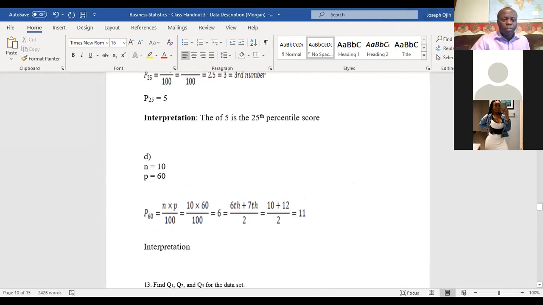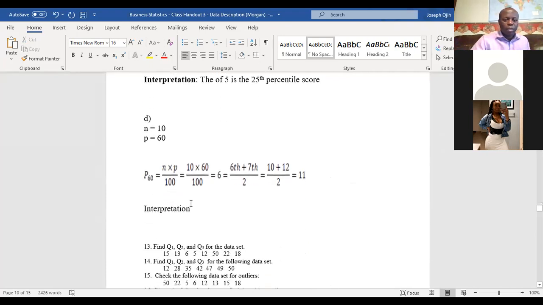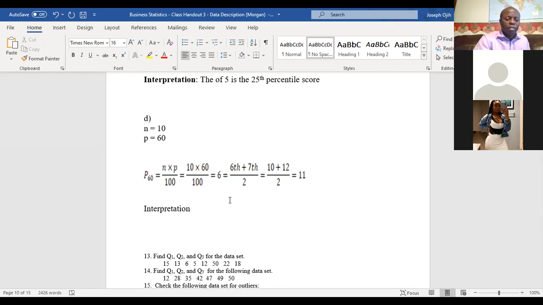That means that P60 is equal to 11. So this means that the score of 11 belongs to the 60th percentile.